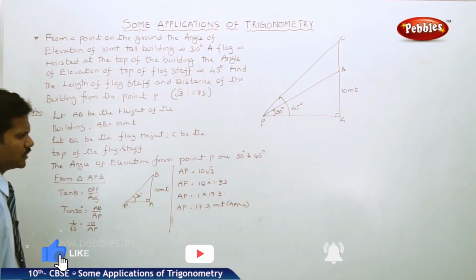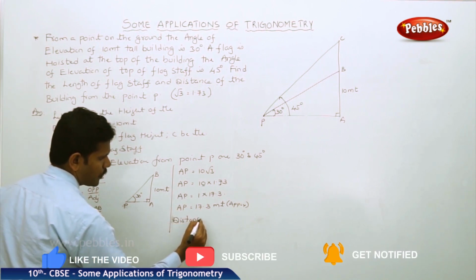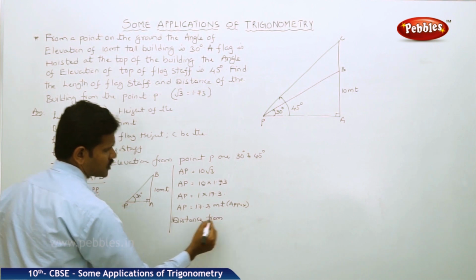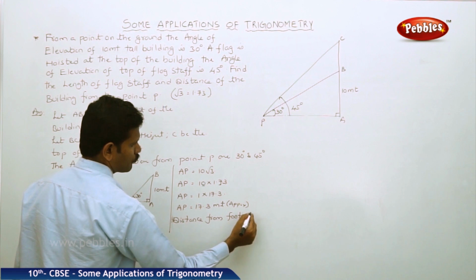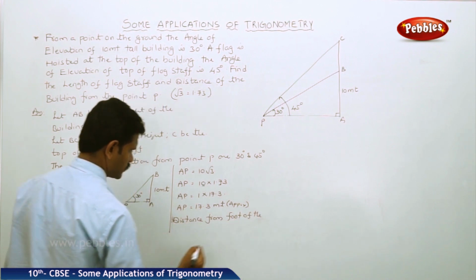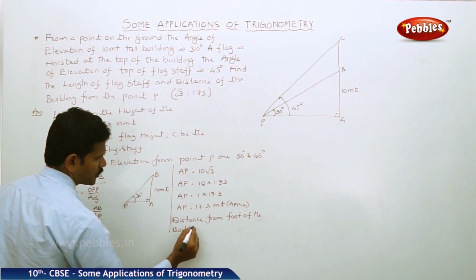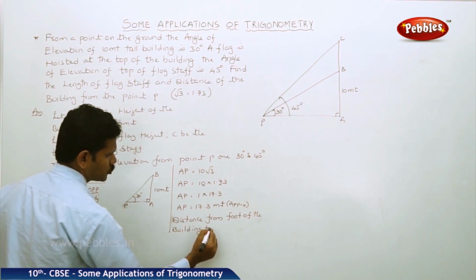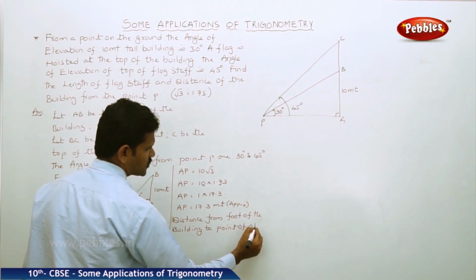What is the AP? That is the distance from the foot of the building to the point of observation.